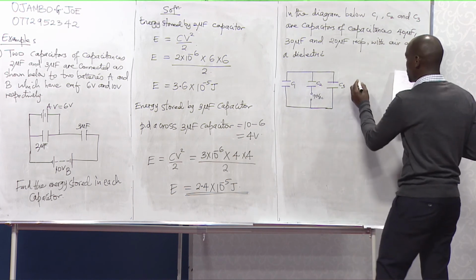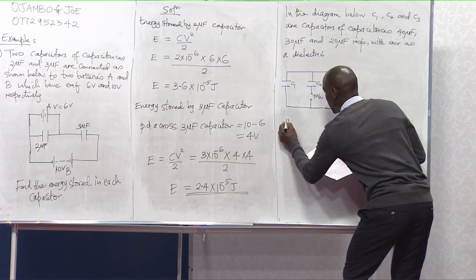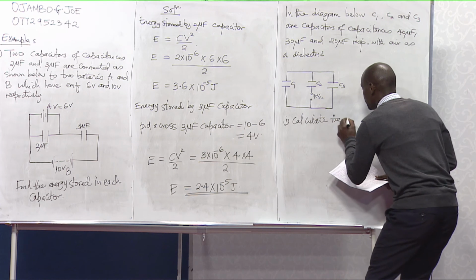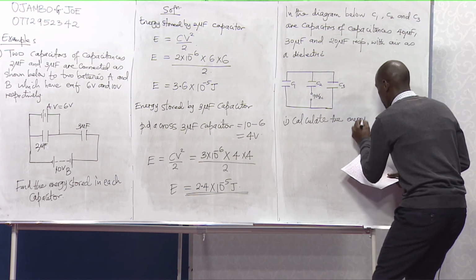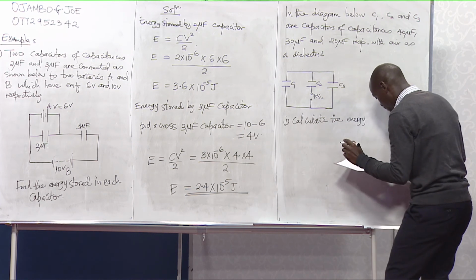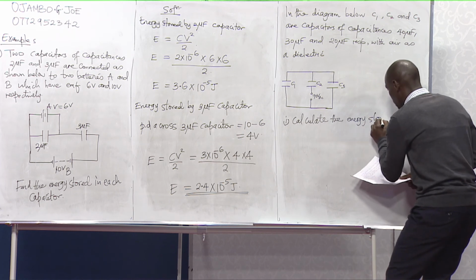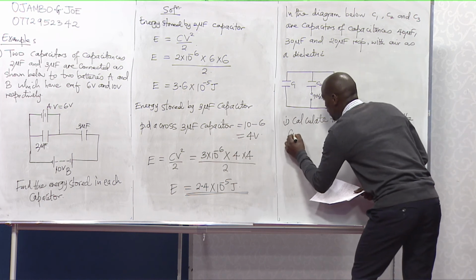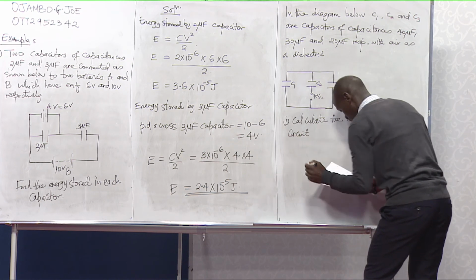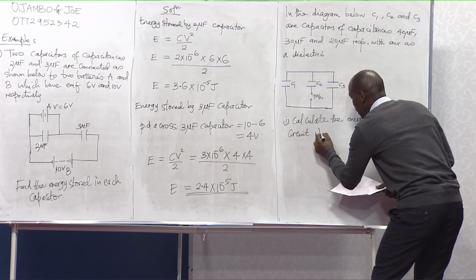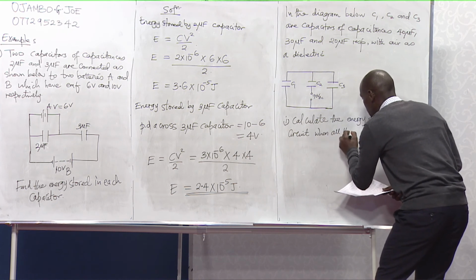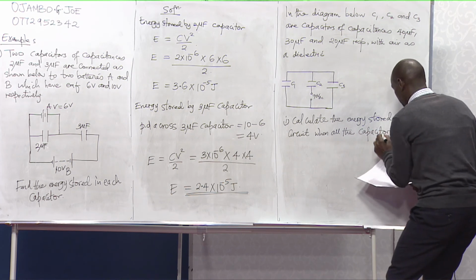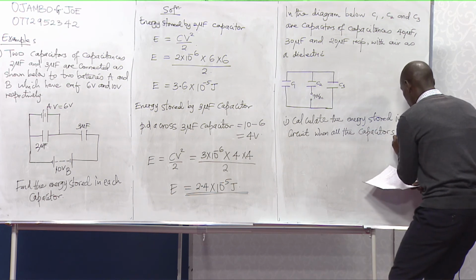That is the diagram. Now the questions are: Roman 1, they say calculate the energy stored in the circuit when all the capacitors are fully charged.